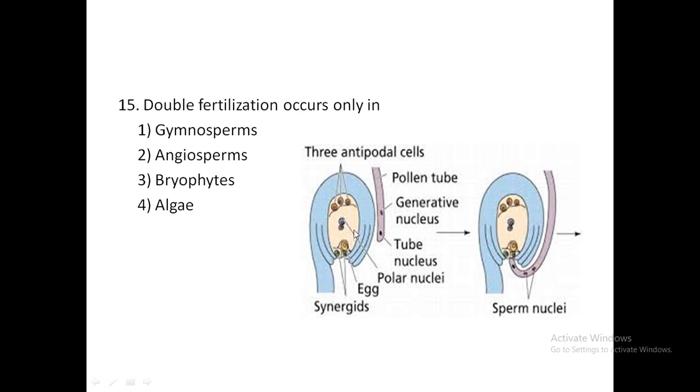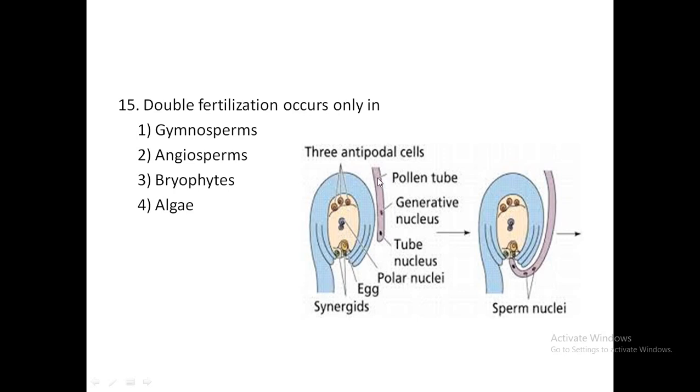It is made up of different cells like the egg, antipodal cells, then two cells guarding the egg, which are called synergids, and two central nuclei, which are called polar nuclei. This is nothing but the embryo sac of angiosperms, or female gametophyte.